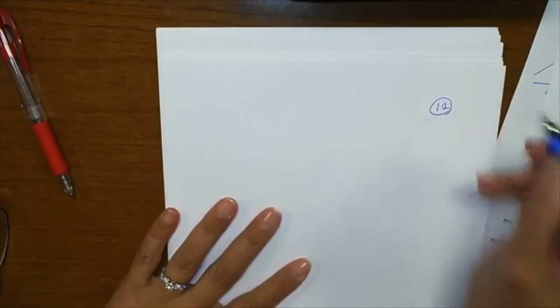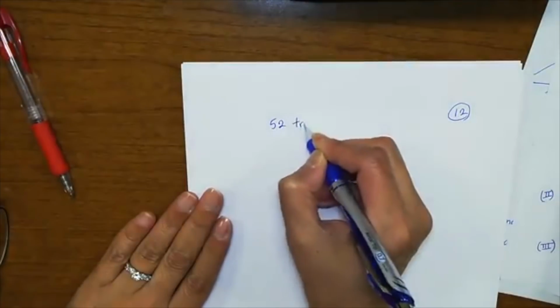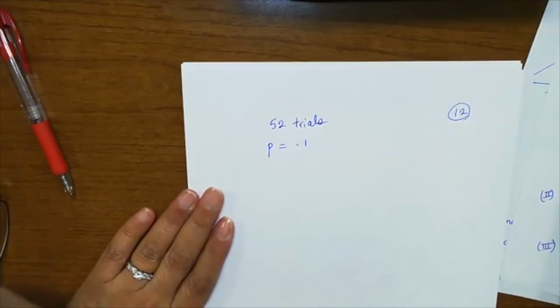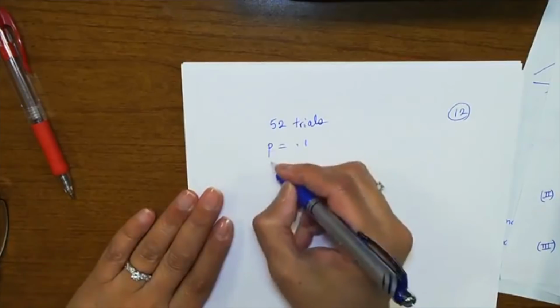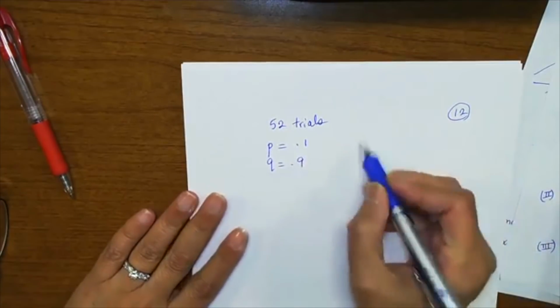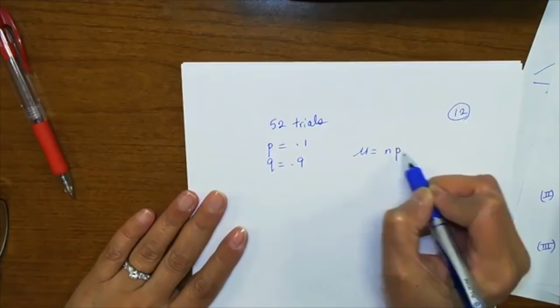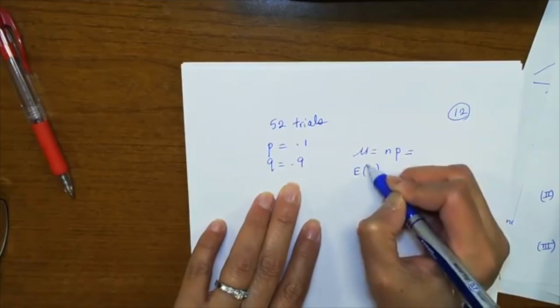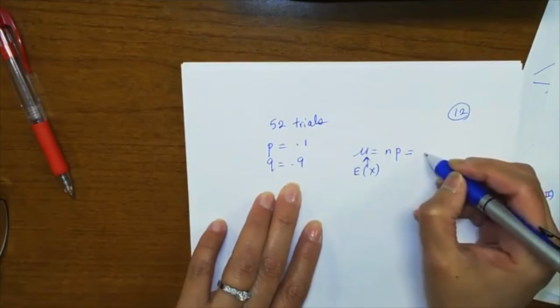Question? Then there's binomial, right? Let's go there. We just did binomial. Is it fresh in your mind? Okay, I've got 52 trials. Probability of success per trial is 0.1. Therefore, Q is equal to 0.9. Find the mean. N times P. That's the same thing as E of X. That's the mean.